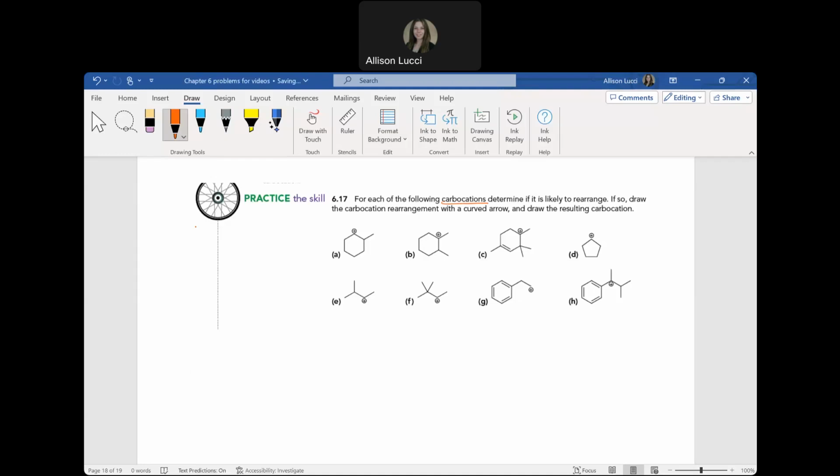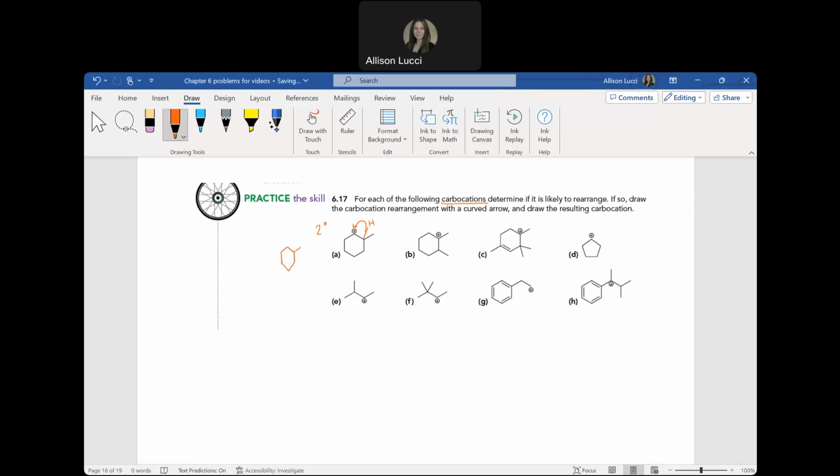In example A here, we have a secondary carbocation, and on the carbon to the right, we have a methyl group and also a hydrogen. If this hydrogen was to migrate over here, we would end up with a tertiary carbocation.